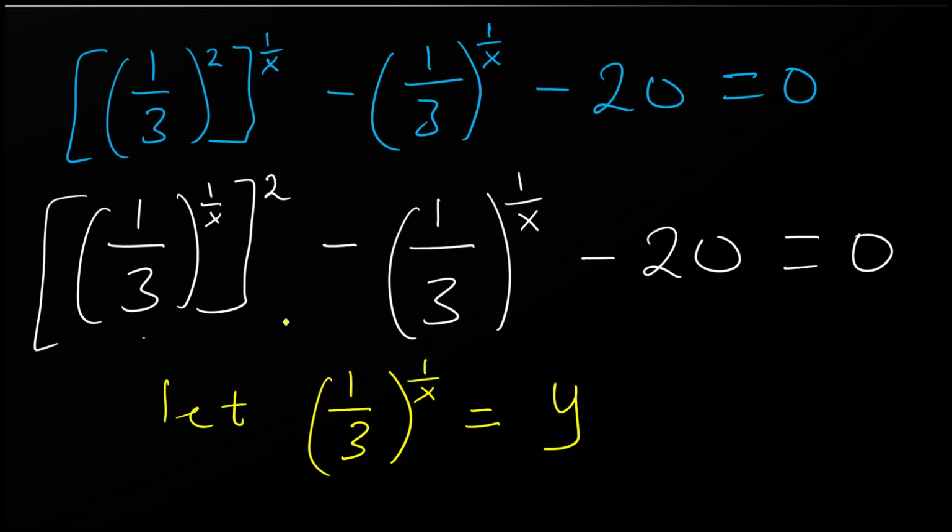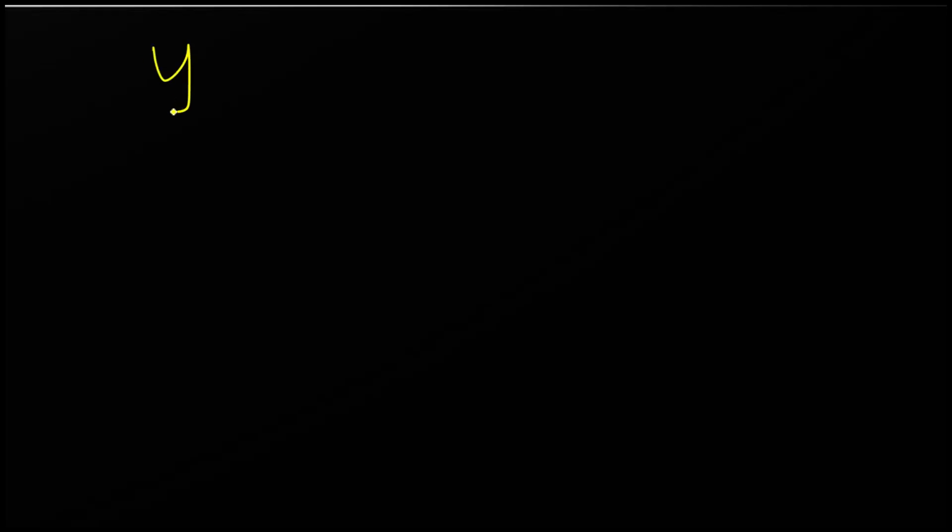So in going back, where I see this, I'll put y there, which will be y squared. So we have y squared minus y minus 20 equal to 0. So let's solve this one. It's a quadratic equation.